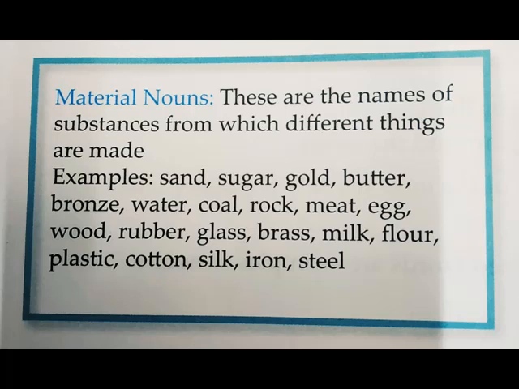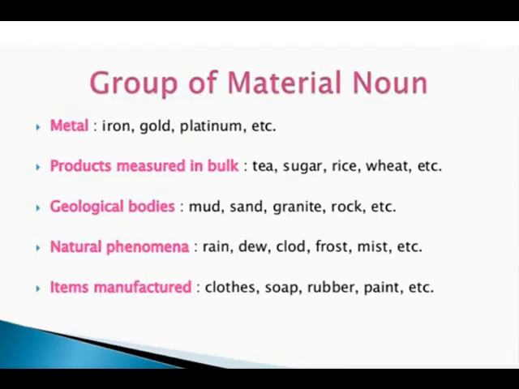So we are talking about that only. It is a name of a substance or a material from which different things are made. A material noun is a name of a substance out of which we prepare something else, some other thing is made.